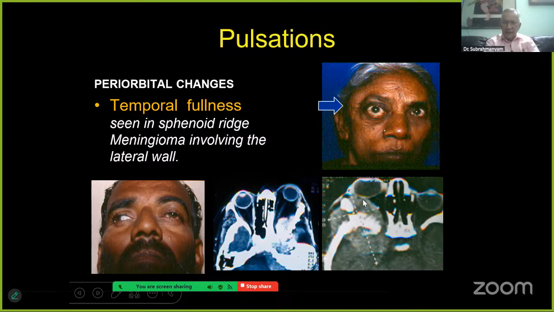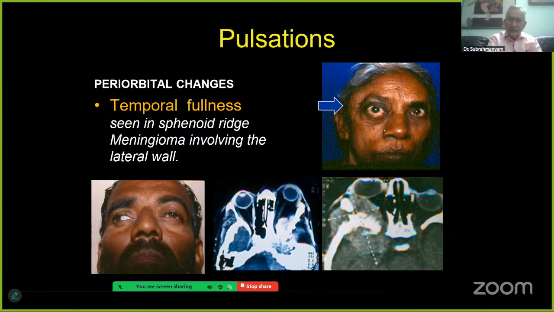The CT scan shows a mass involving the orbit and intracranial space, enlargement of the temporal space, and hyperostosis of the bone. If you compare with the other side, this bone is hyperostotic, enlarged, and irregular, which is typical of sphenoid ridge meningioma. Sphenoid ridge meningiomas could involve the lateral side or the medial side.